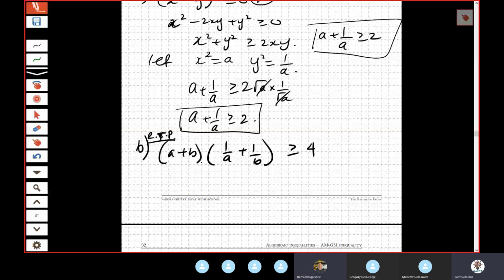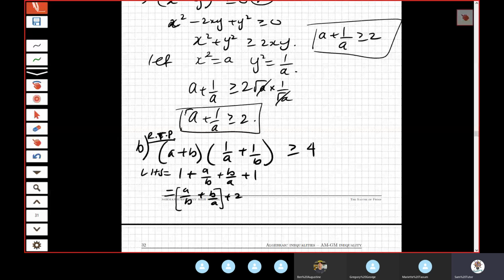So I know the left-hand side is what? a times 1/a, which is 1. This is a/b. This is b/a. And this is also 1. So now I've got a/b + b/a + 2. But I kind of see what's happening here.